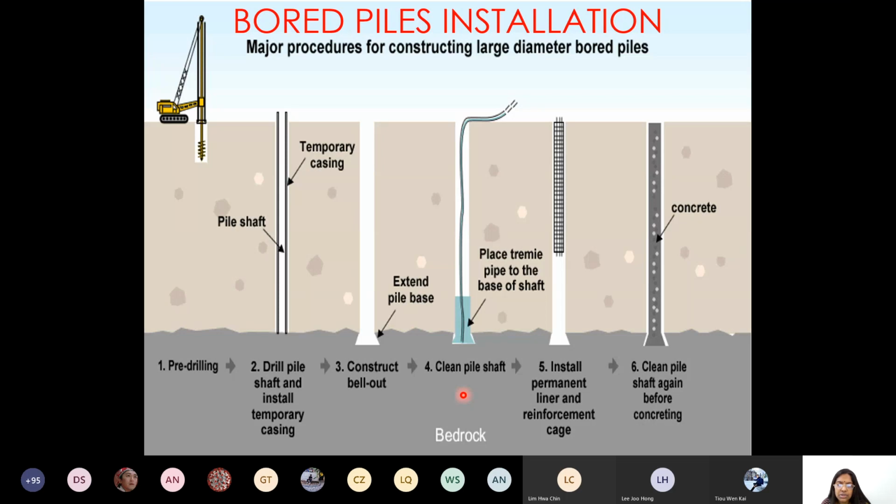So clean them out before you pour the concrete, and install the permanent liner and reinforcement cage so that the concrete will sit in a proper location. Otherwise there is a disruption, a pocket, a gap inside, and all these problems will be created.